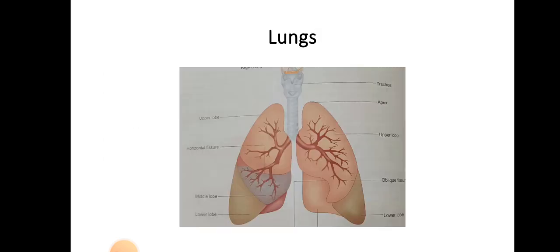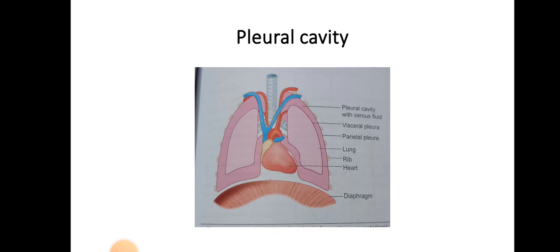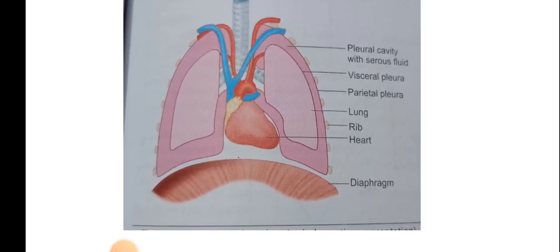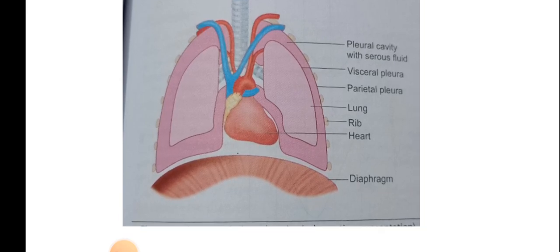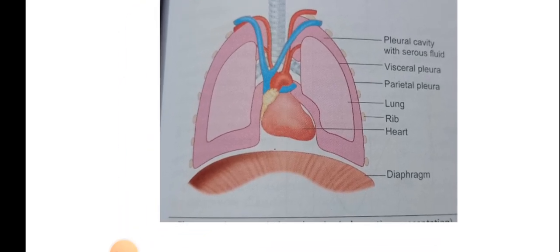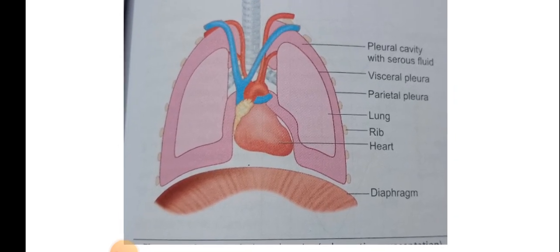Now coming to the lungs diagram, you have seen it already. Next we can see the pleural cavity and how it appears. The first layer is the visceral layer, and the parietal layer is upon this. Coming to the lungs, rib cage and heart, as I told, the heart is located in the mediastinum, and we can see the diaphragm in the diagram.